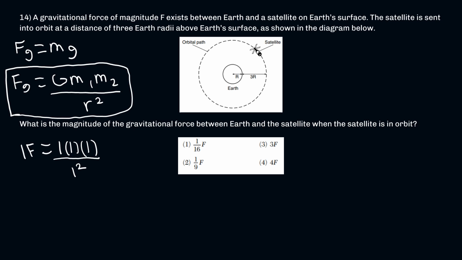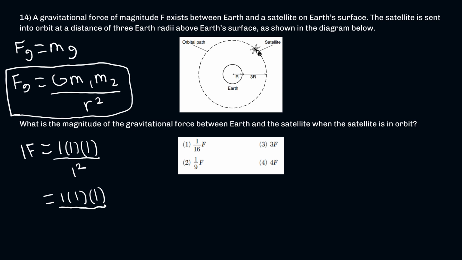Now I can go one step further and figure out what my new force is going to be when I get into orbit. Again, the top is going to stay the same because it doesn't say anything about the mass of my satellite changing. It doesn't say anything about the mass of Earth changing, obviously. So I'm just going to plug in 1 times 1 times 1 on top. And then on the bottom, do I plug in 3 or do I plug in 4?